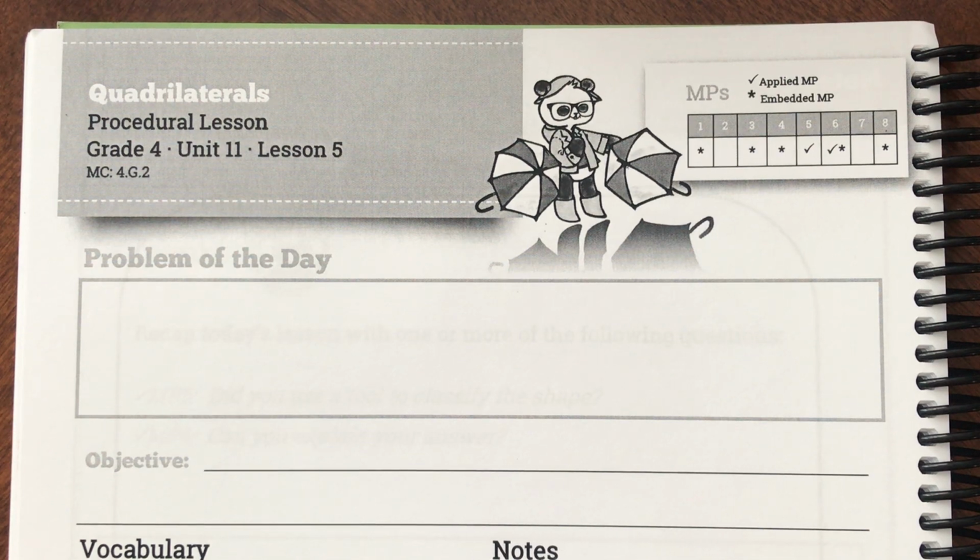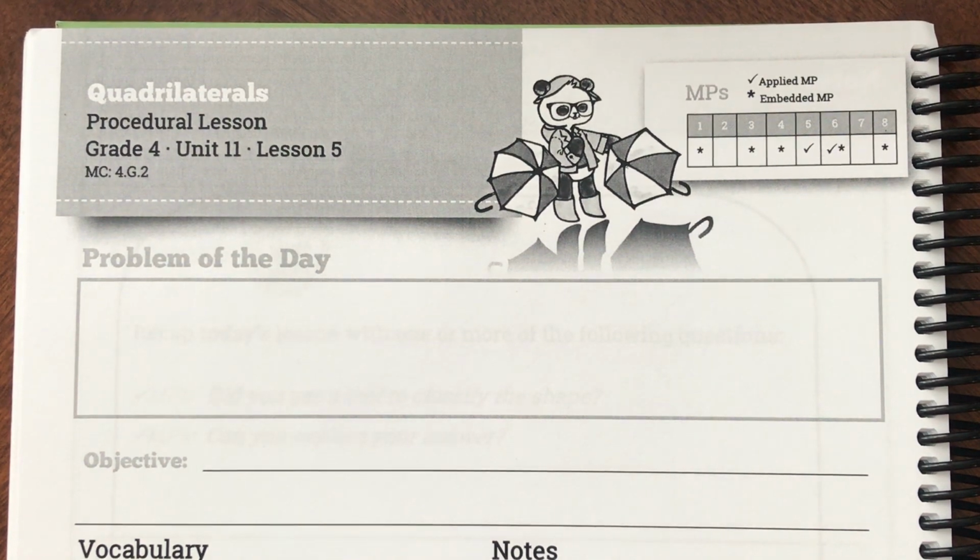Our plan today is to practice more of what we started yesterday, learning about the 5 quadrilaterals that you need to have memorized and understanding why each one has its name. So, understanding the attributes or the rules that each one follows to earn that name.